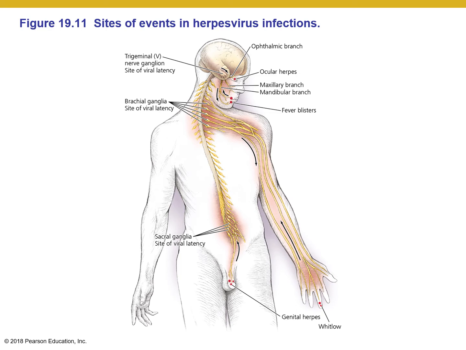So it can live in the trigeminal and then travel down the maxillary branch and the mandibular branch, and you have fever blisters on the lips. One thing you don't want is ocular herpes because that will blind you.